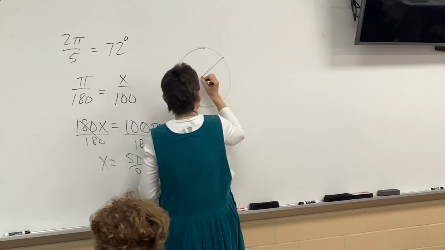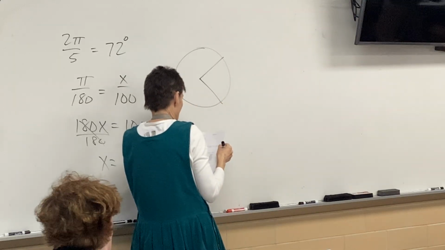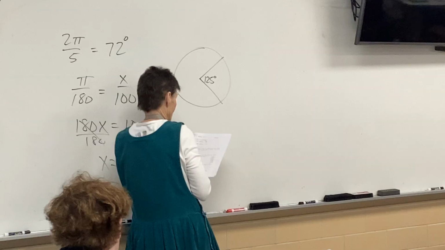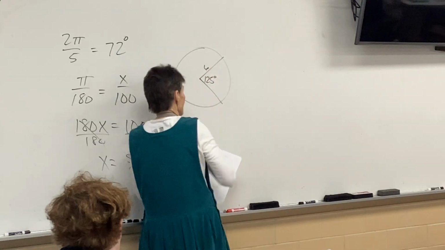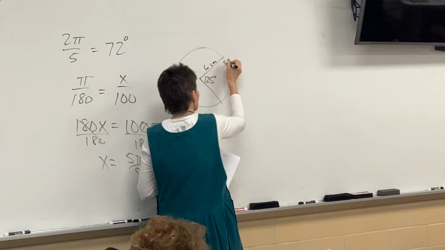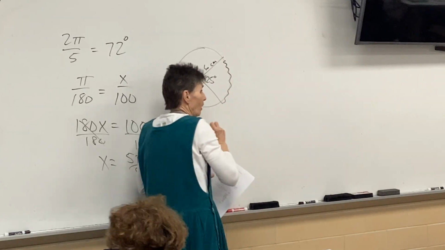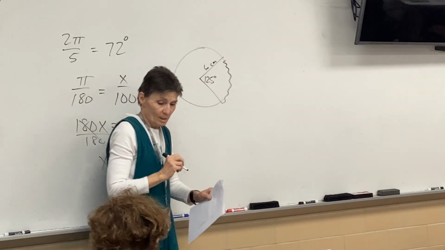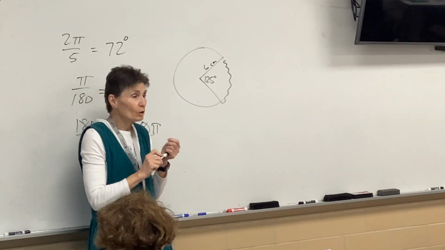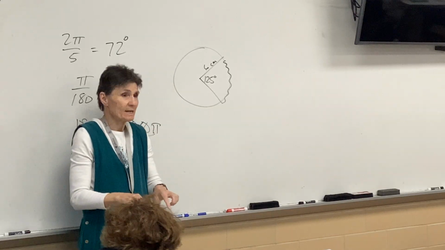Now we have a 125 degree angle, radius is 6 centimeters, and we want to find the arc length. So when you read that problem, remember it's going to look like that on the test paper.